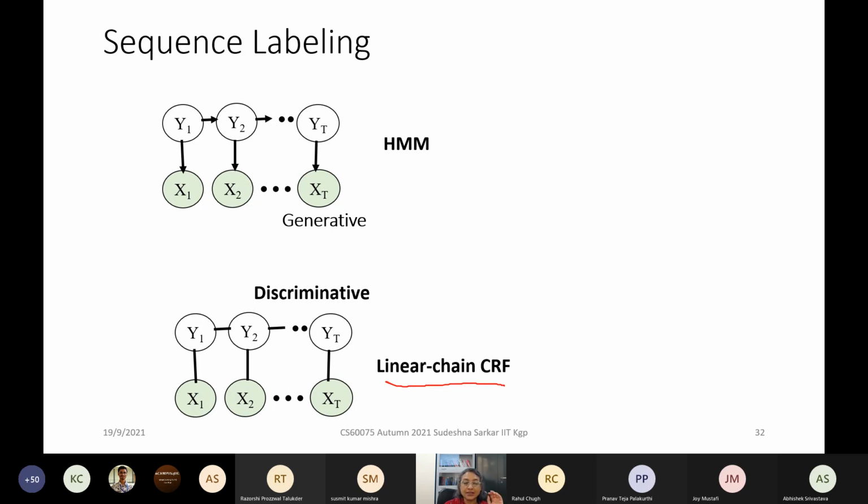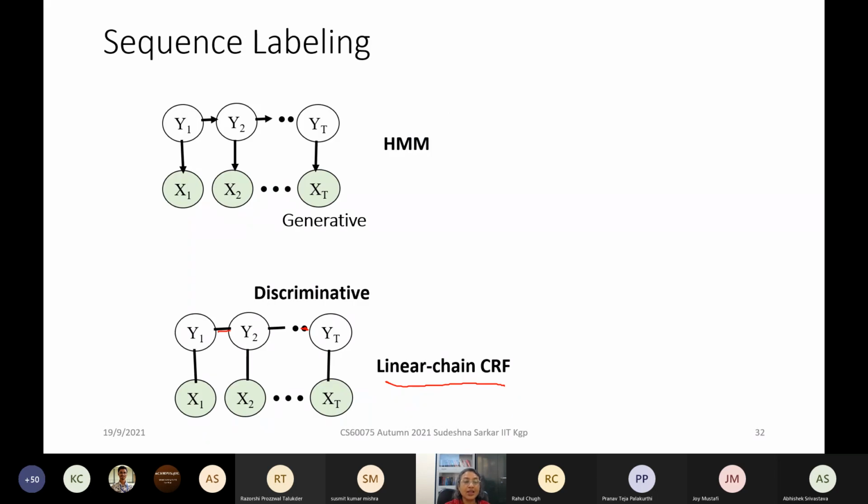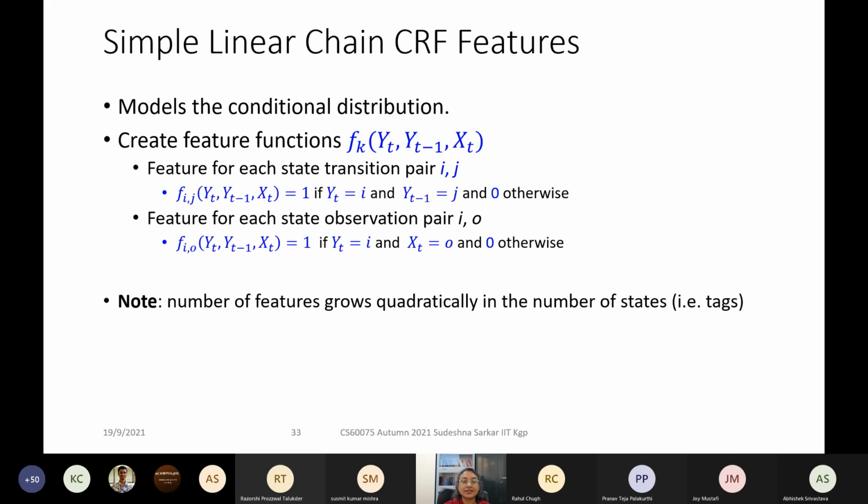In this linear chain conditional random field, if we consider the y's and the x's, the y's are the tags and the x's are the words. We just mirror what we have in the HMM. And we have the edges between y(t-1) and y(t), and x(t). There is a difference: the edges are undirected edges. So in a linear chain CRF, if we consider this sort of graph, we can define different features.